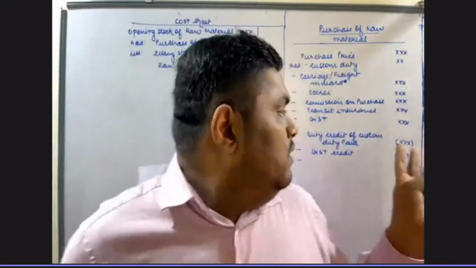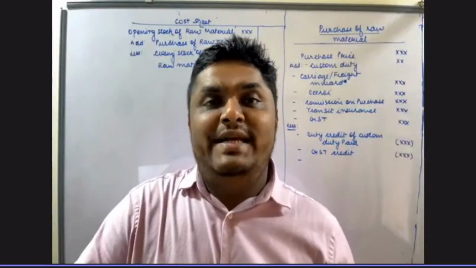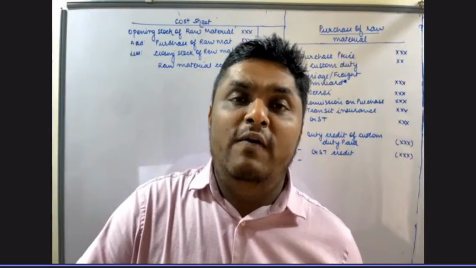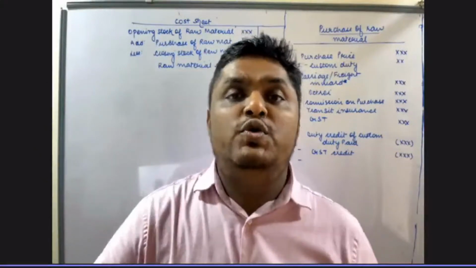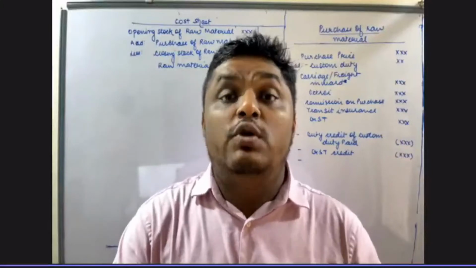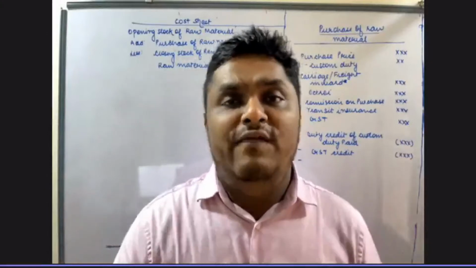Now, let's say during transit or on receipt of goods, I found that कुछ % raw material damage हो गया और उसको मैंने scrap कर दिया, and I have realized certain amount on sale of that scrap.